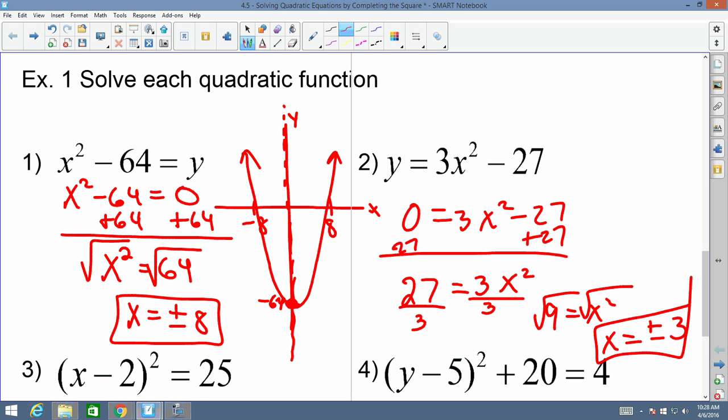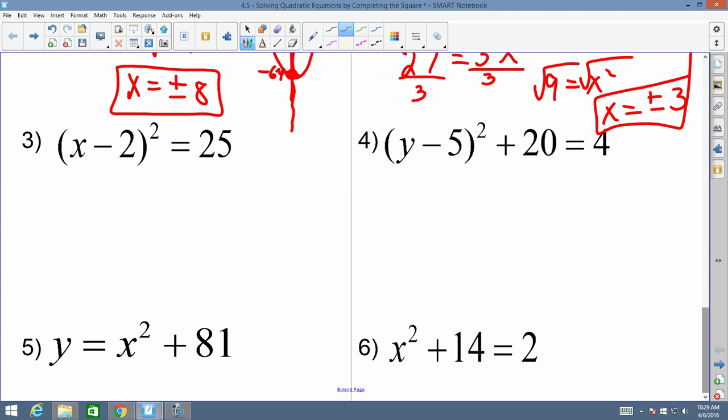And again, hopefully you understand that that means that this particular quadratic function is going through the x values of 3 and negative 3. Those are the solutions. Does that make sense? Thank you, my brothers. Okay.